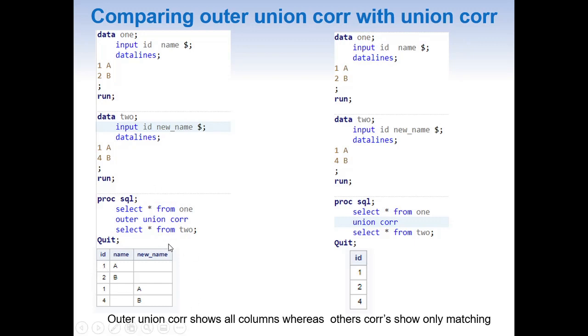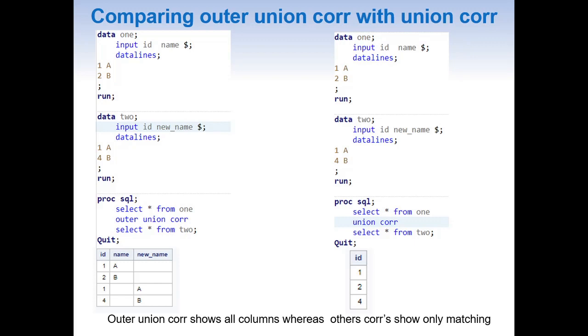One use of this outer union corr, or all the set operators, is that more often than not, whenever we are using a set statement or doing any kind of merge in a data step, we should always be careful of length statements, and we can land up in data truncation.